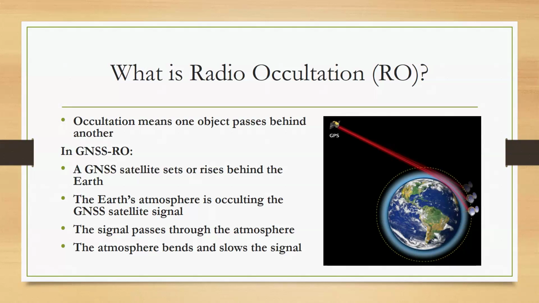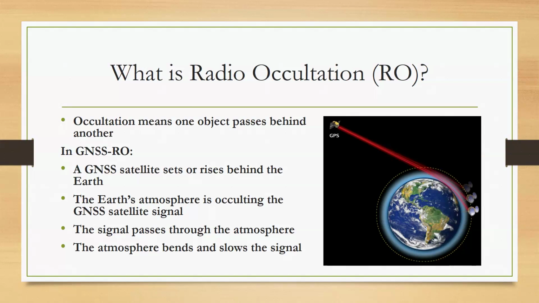But in GNSS terminology, when we talk of GNSS radio occultation, it means that there is a GNSS satellite transmitting signal down to Earth, as we already saw in the earlier class, and this signal has to pass through the atmosphere.